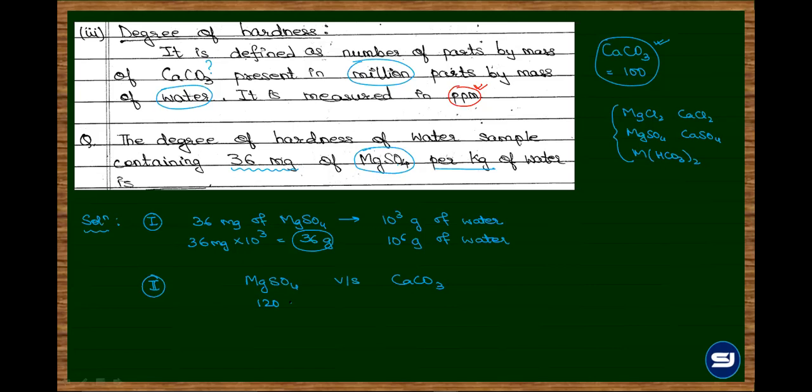So 120 gram of MgSO4 is equivalent to 100 gram of CaCO3. So 36 gram of MgSO4 would be equivalent to how much? It will be 36 times 100 upon 120. 12 3s are 36 into 10 is 30 gram.